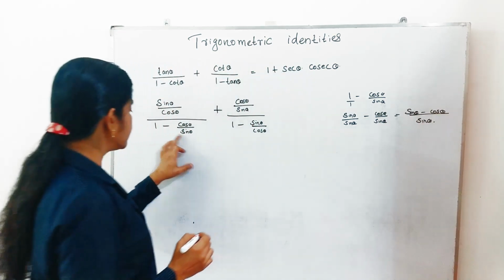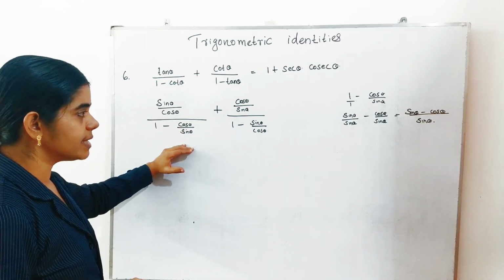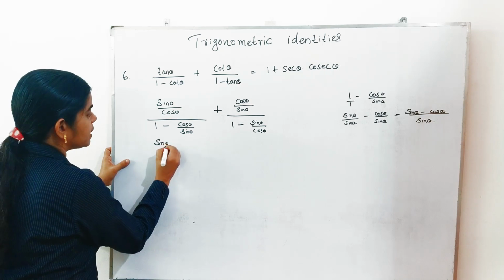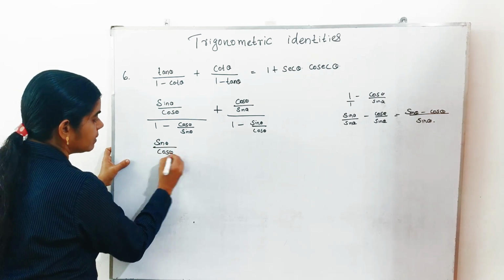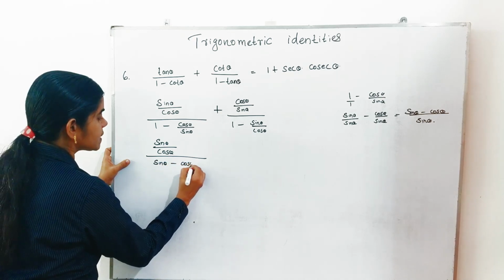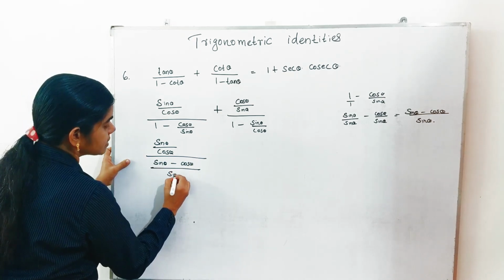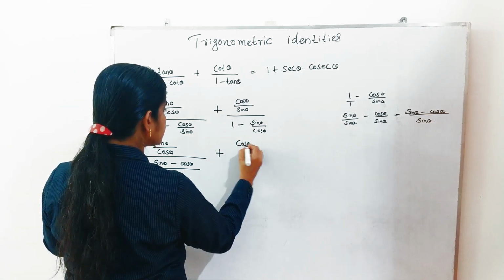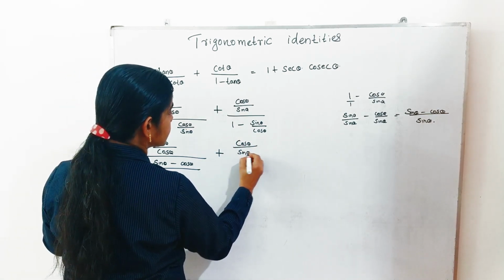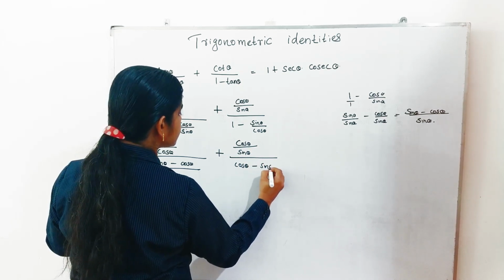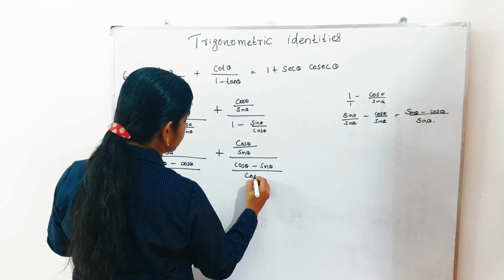So sin theta by cos theta divided by sin theta minus cos theta by sin theta, plus this will be cos theta by sin theta, divided by cos theta minus sin theta by cos theta.